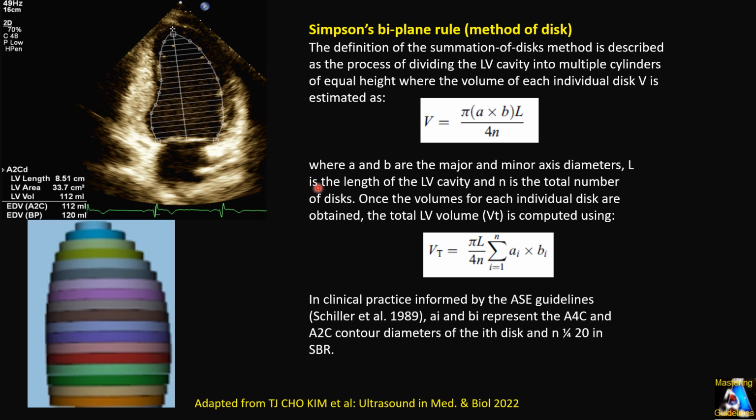Finally, the summation of those 20, and adding the results between apical 4 and 2, the machine gives us the left ventricle volume, and by measuring end-diastolic and end-systolic volumes, gives us the ejection fraction.